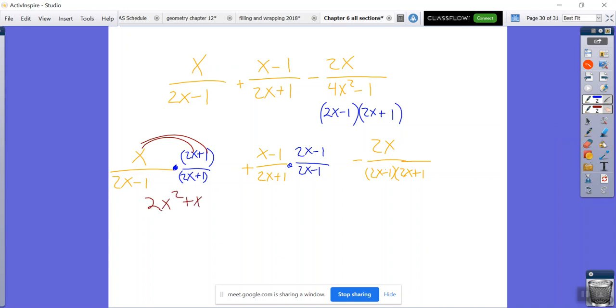Again, great job on answering in the form of a question. Totally ready for Jeopardy. All right, so what about our second numerator? This one's a little more challenging. 2x squared. Okay, so that's that one.